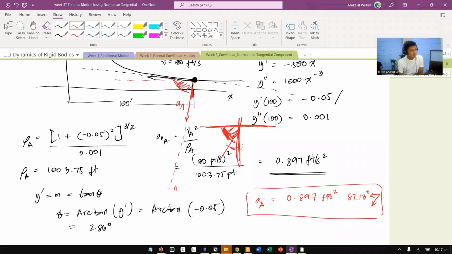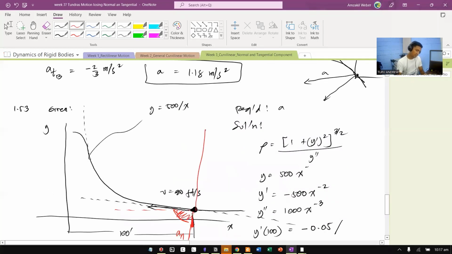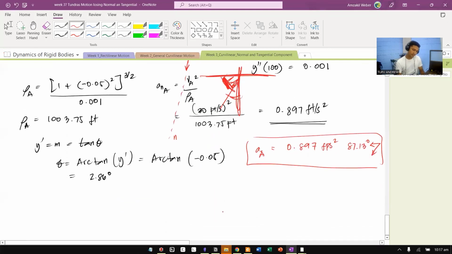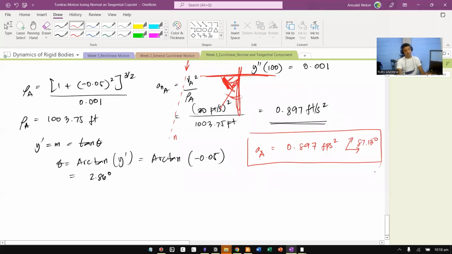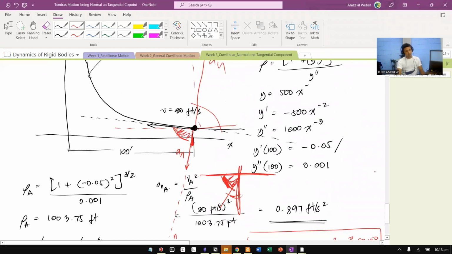Yeah, normal acceleration is towards the center. That's the correct answer.